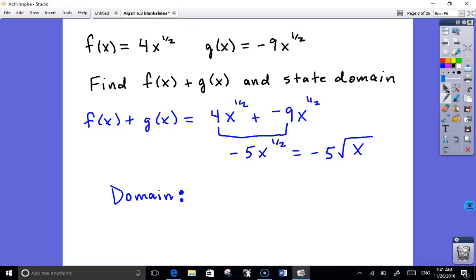Can you take the square root of 0? Sure. 0 times 0 is 0. So you have to say that the domain is x greater than or equal to 0. You have to take whatever's inside the square root and set it greater than or equal to 0. It may be an expression that you've got to then solve to see what those x values are. In this case, x was all there was. So the domain is x greater than or equal to 0.